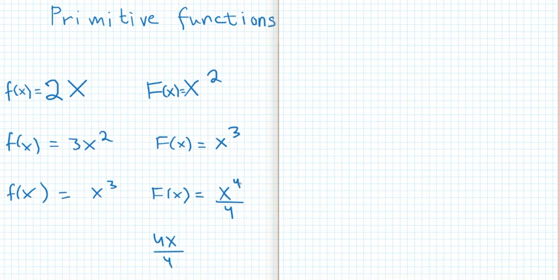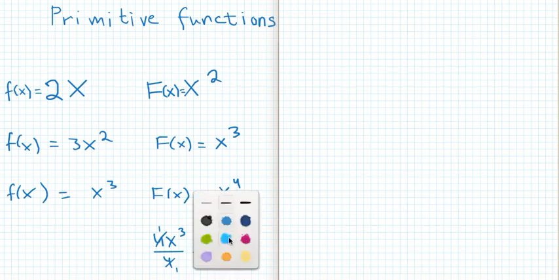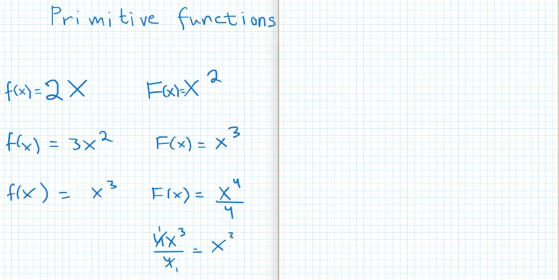Since we have 4 times x cubed up here and divided by 4, we can just cross them out. Okay, so we are left with x cubed, which is the function. So we know that this is the primitive of x cubed. The only thing we had to adjust was to divide by 4, so we get rid of the 4. Okay.